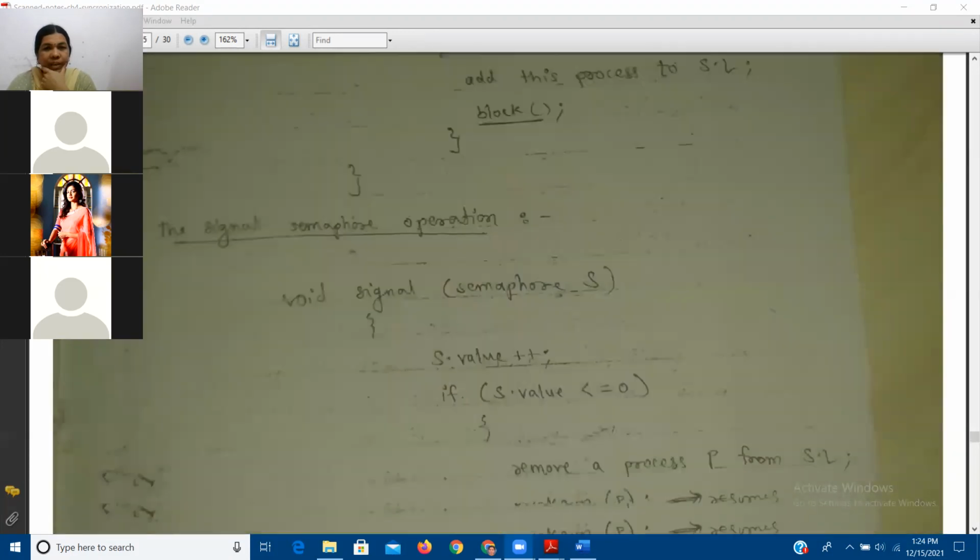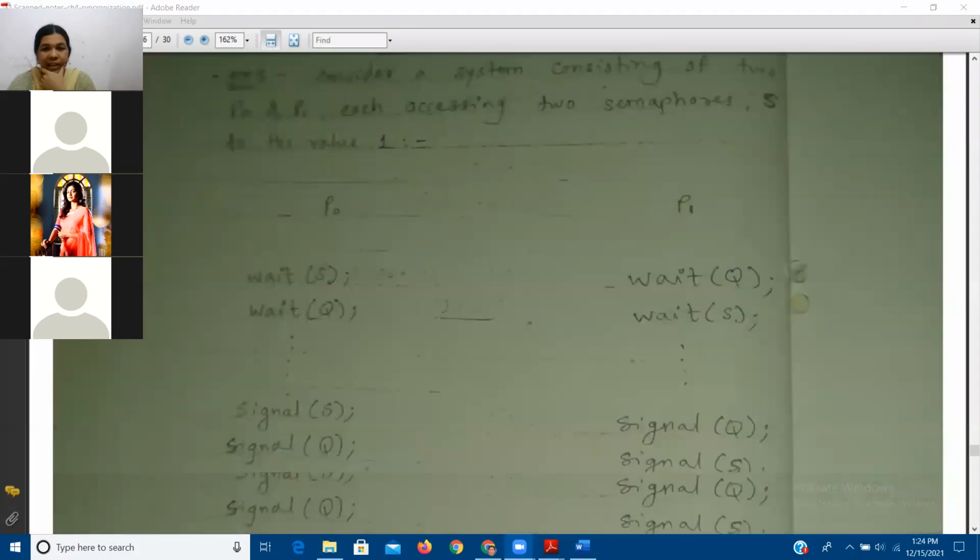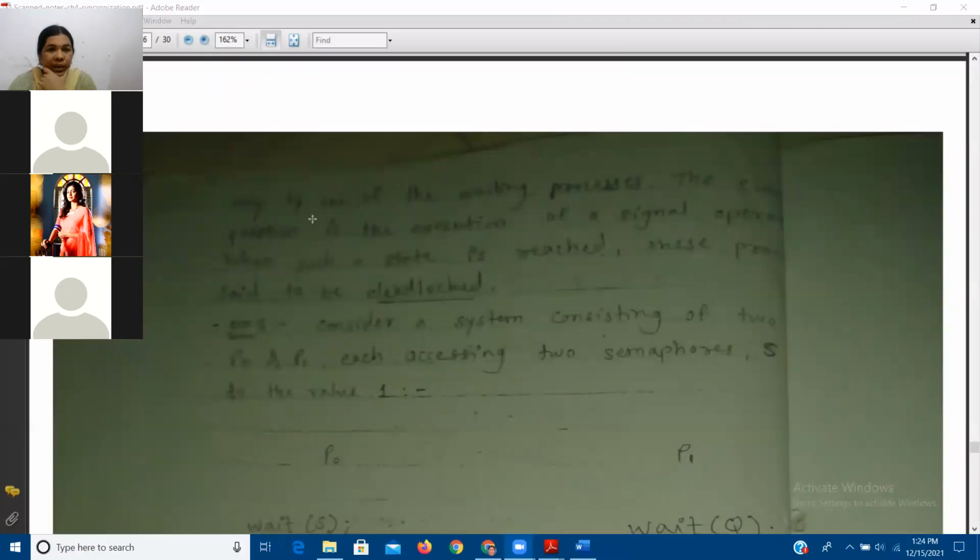One is waiting for one variable and another is waiting for another variable. So here the description is given only for one of the waiting processes, whose wait is ended only by the execution of a signal operation. When such a state is reached, these processes are said to be deadlocked.